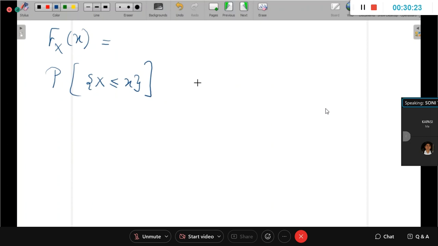That way, the events x less than or equal to x intersection y less than or equal to y, and x less than or equal to x intersection y more than y, will be disjoint events, and we can write them as the summation of the events. I didn't get you. Can anyone explain this? Somewhere I have lost the flow.